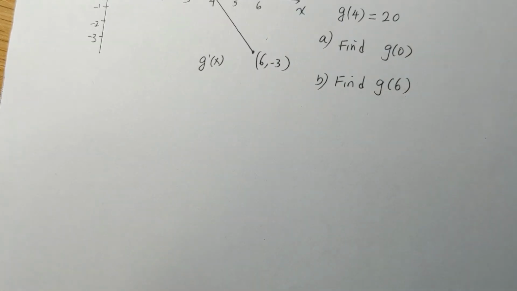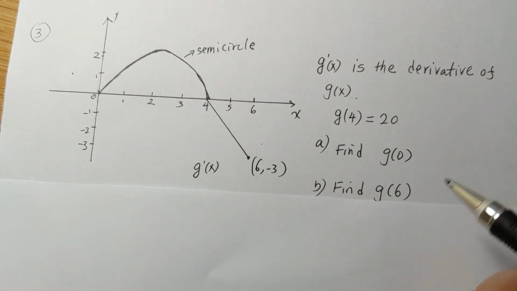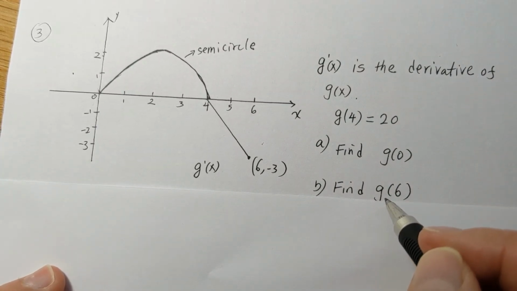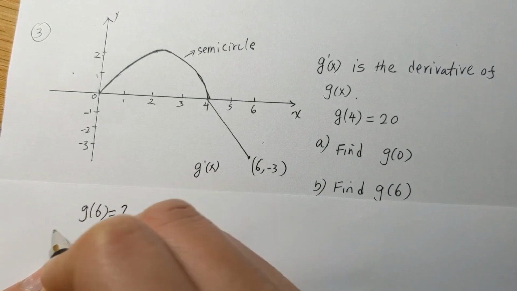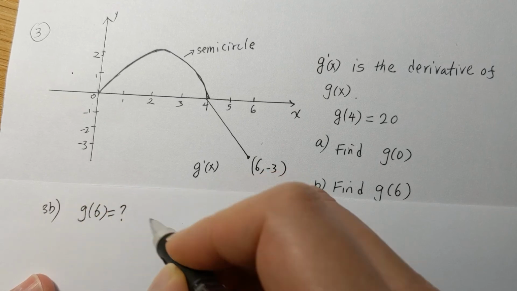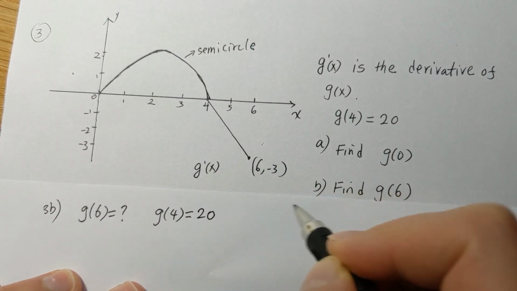Now we're going to do 3b. Let's take a look at 3b. We have g of 6, that's what we need to find. And we know g of 4 equals 20.